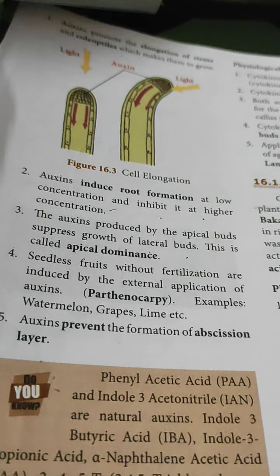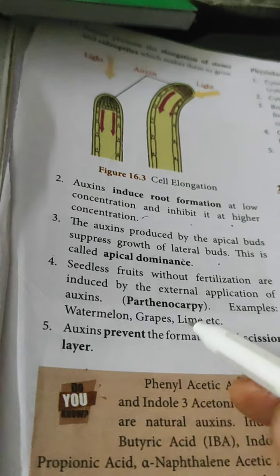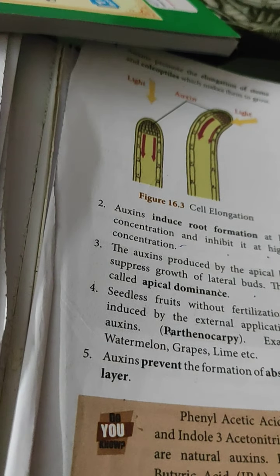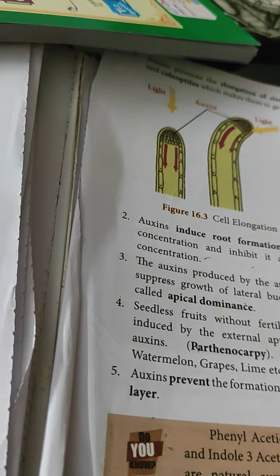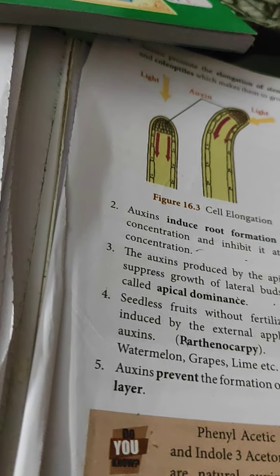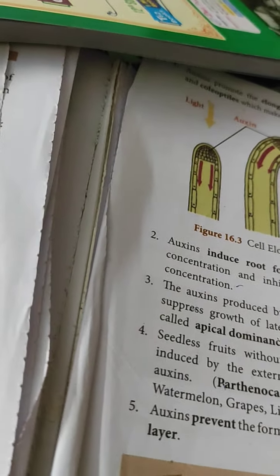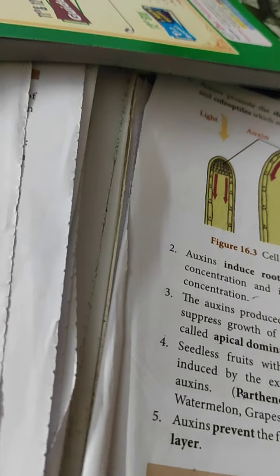Seedless fruits produced without fertilization are induced by the external application of auxins. Suppose a flower has come; after fertilization only, fruit development takes place. But if we spray the auxin on the flower before fertilization, the fruit development will take place without fertilization.